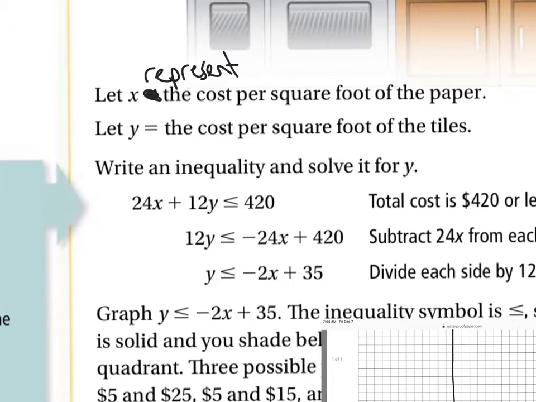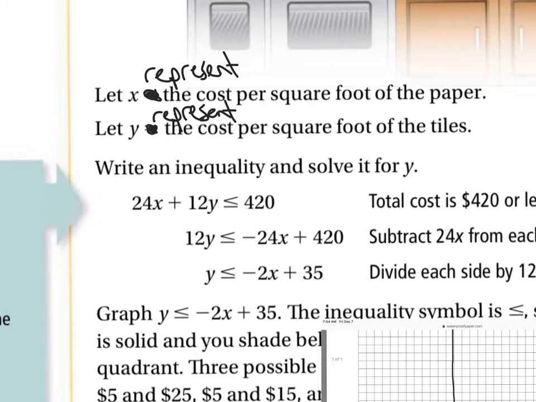X is the cost per square foot of the paper. Y is the cost per square foot of the tiles. If you did it the other way around, that's okay. It doesn't matter, just your X and Y is going to end up being opposite whenever you get your answer.